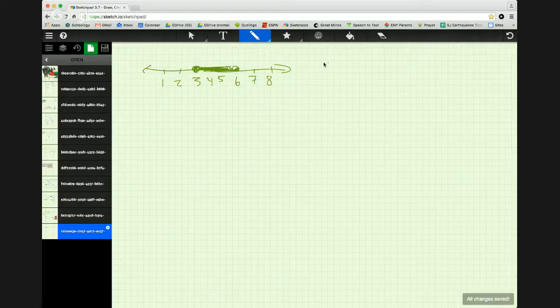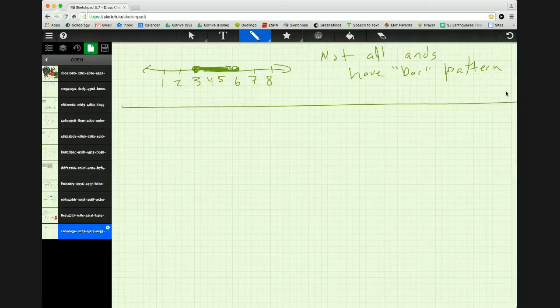But not all ands have the bar pattern. So let's look at one that doesn't have this bar pattern.